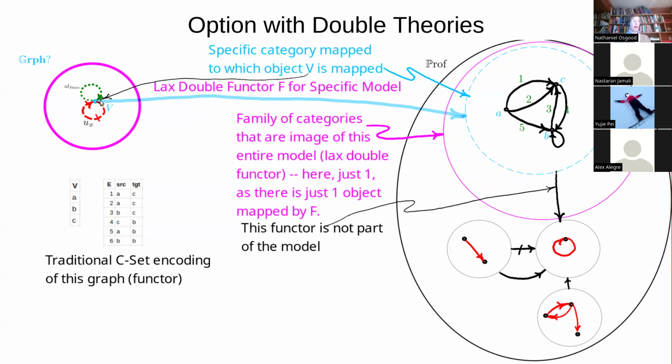So if we have an object A, it maps to a category. Object B maps to a category. And if we have a morphism going from A to B, a vertical morphism, a strict morphism, that turns into a functor between the category for A and the category for B.